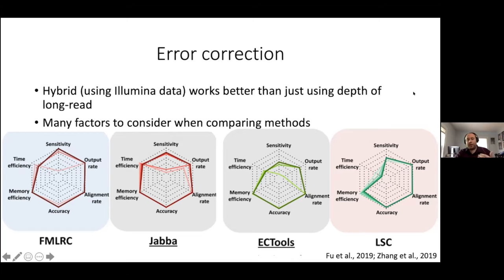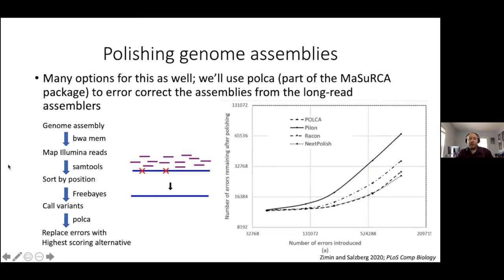So this is for error correction, usually before you do the assembly. There are also plenty of options out there for polishing the assembly after it's done. And so the one option that we're going to be using today is called Polca, as part of the MaSuRCA package. So you'll assemble your long reads using Flye or something else.